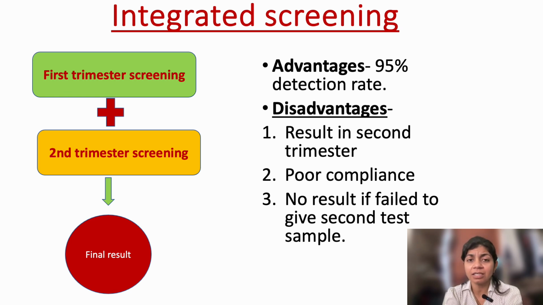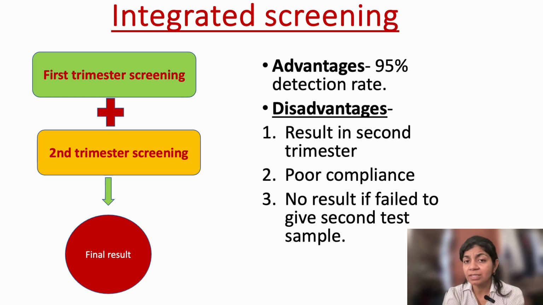So apart from this dual screening, some people do ask me, what is this integrated screening? Integrated screening is not routinely done in our setup, because this involves doing the first trimester screening, not giving any results, then the patient is again called in the second trimester, again the blood sample is taken from the mother, and the final integration is done between the first trimester markers, scan findings, second trimester markers, and then the final result is given in the second trimester.